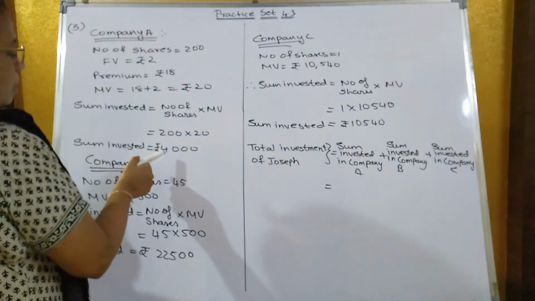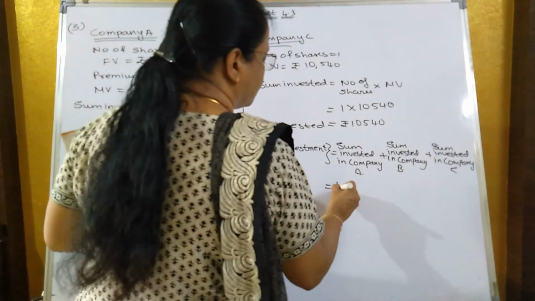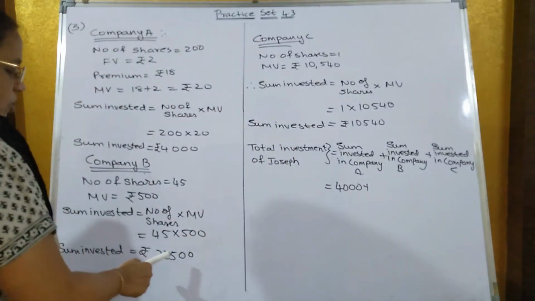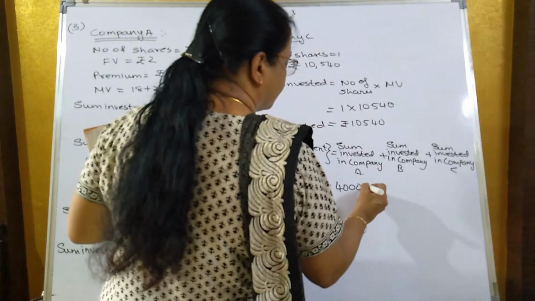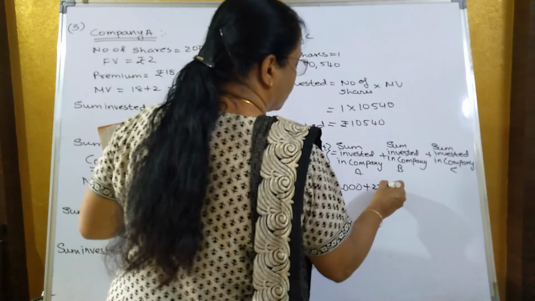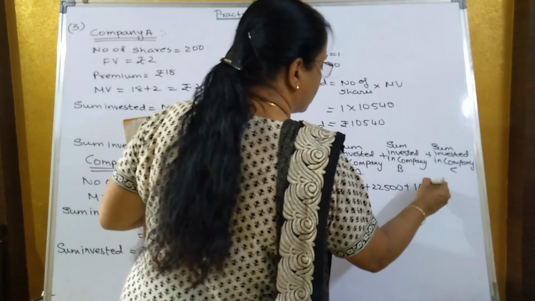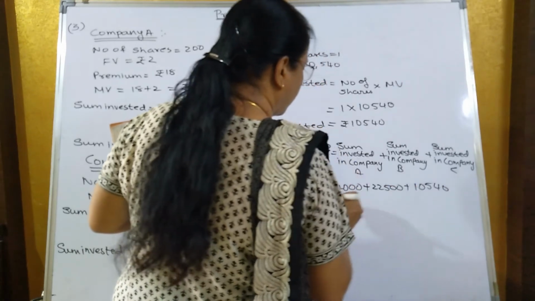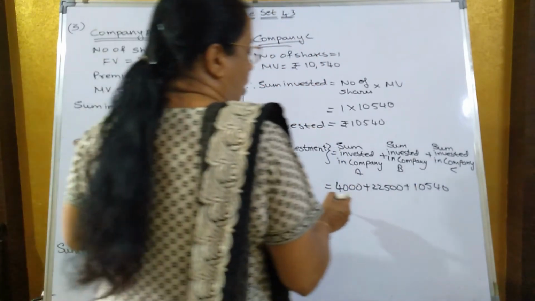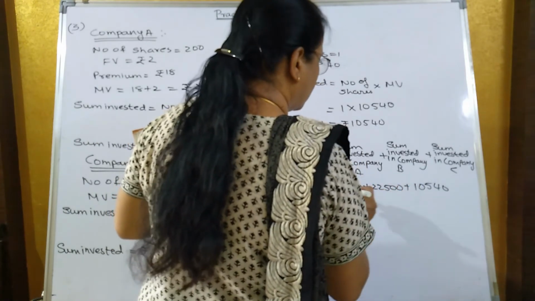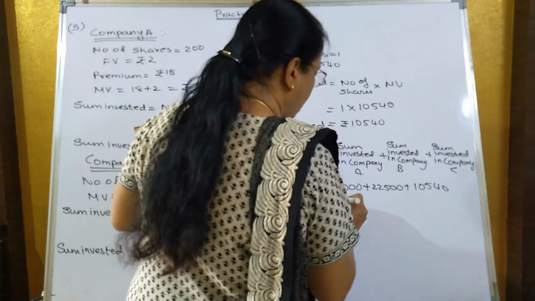Company A is 4,000 plus company B is 22,500 plus company C is 10,540. So total investment is 37,040.